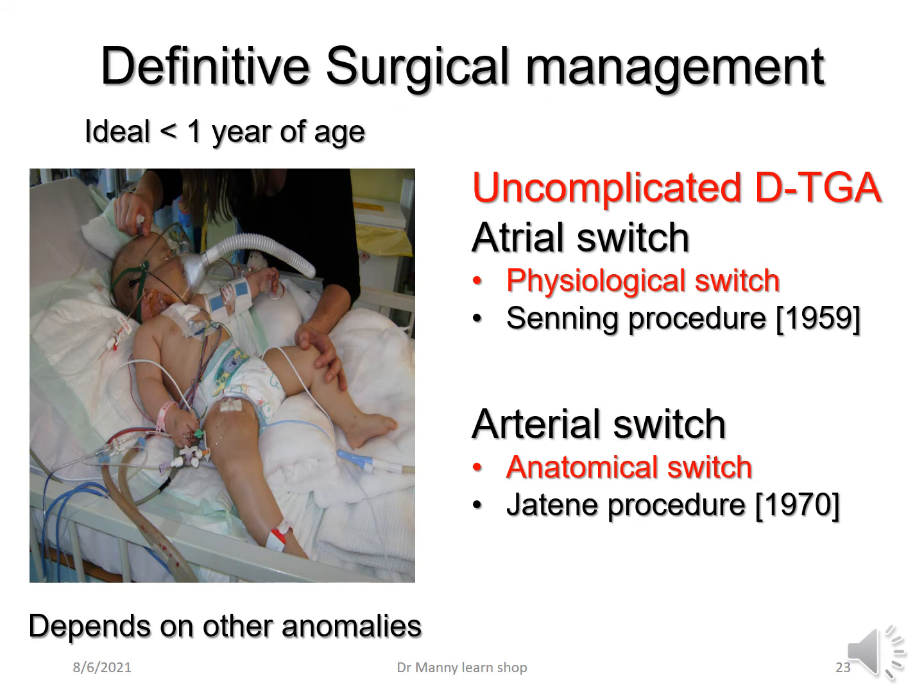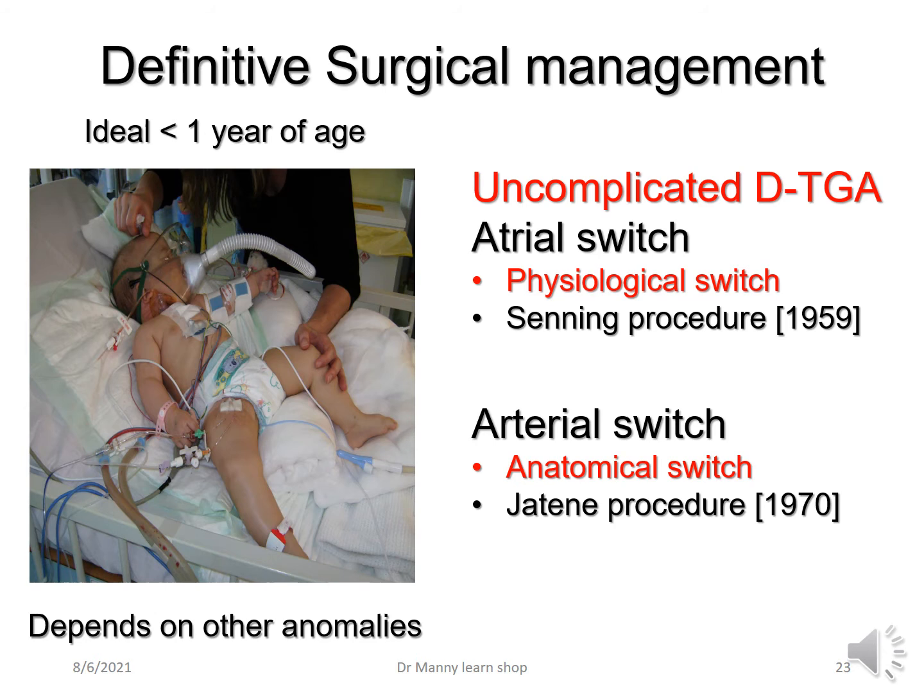Now, the definitive surgical management, ideally at less than 1 year of age, in an uncomplicated dextro-transposition of the great arteries: an atrial switch can be used, which is also called the physiological switch, and it was first done in 1959 by Senning, who was a cardiac surgeon.